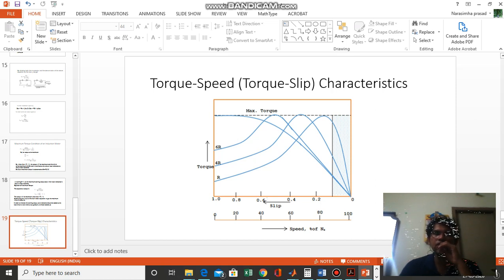So the starting torque is more for metro trains, and less for normal trains. A metro train starts all of a sudden from the platform, so the starting torque requirement may vary.